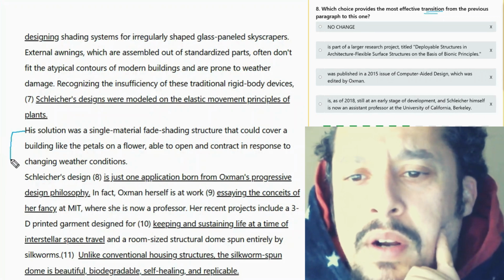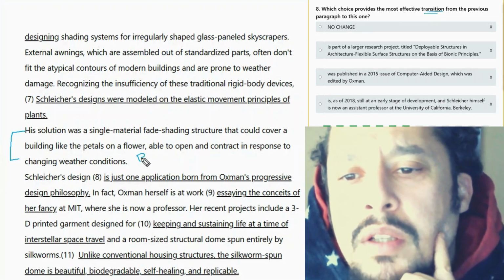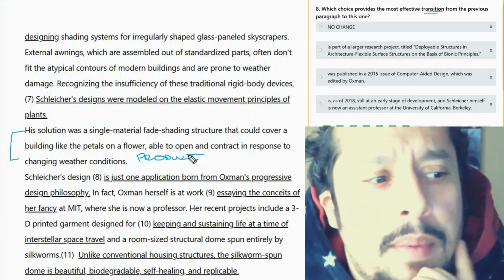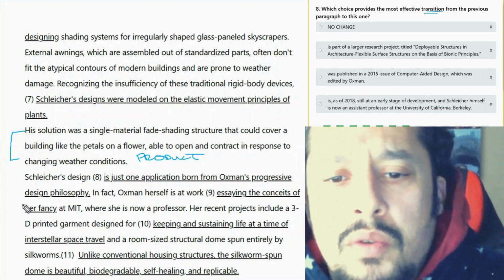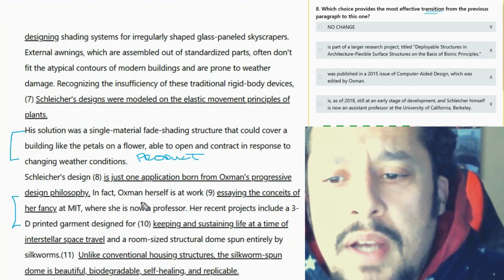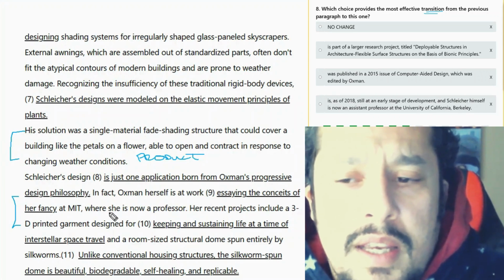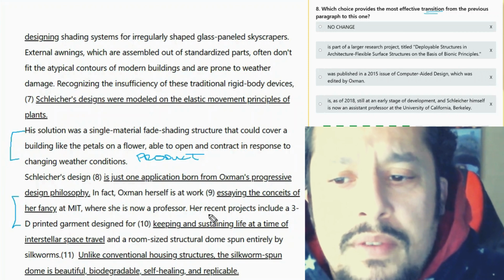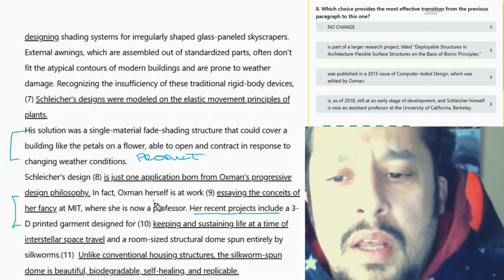The previous paragraph talks about the product she invented. Then here, in fact, Oxman herself is at work essaying the conceits of her fancy, I guess her designs, where she's a professor. Her recent projects include, so again it talks about the projects she made.